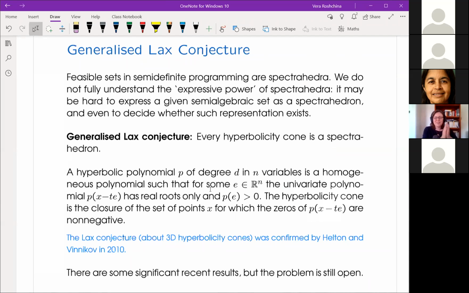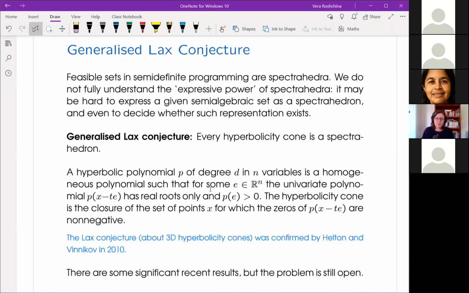So we talked about spectrahedra, and now I'm talking about another convex set. I want to answer the question: can that convex set be represented as a spectrahedron? We don't know the answer. That convex set is a hyperbolicity cone. It has a very particular definition. You define it as an algebraic interior, or let's say as a complement of the variety of a certain homogeneous polynomial.